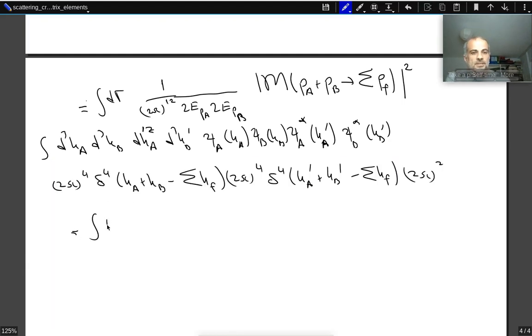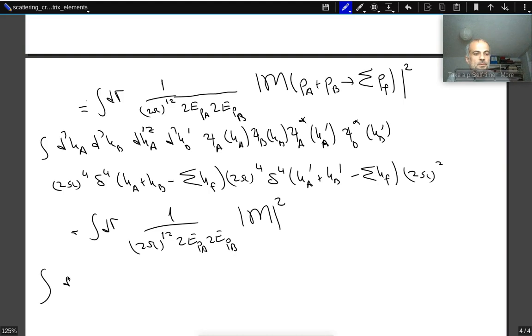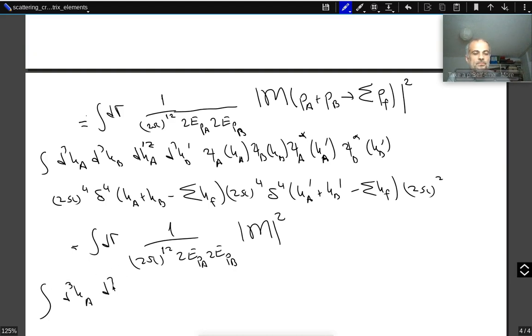So this becomes dΓ = 1 over (2π)^12, 1 over 2E_Pa, 1 over 2E_Pb, the energy of the B particles, times our matrix element squared. Now d³ka still remains, d³kb still remains.